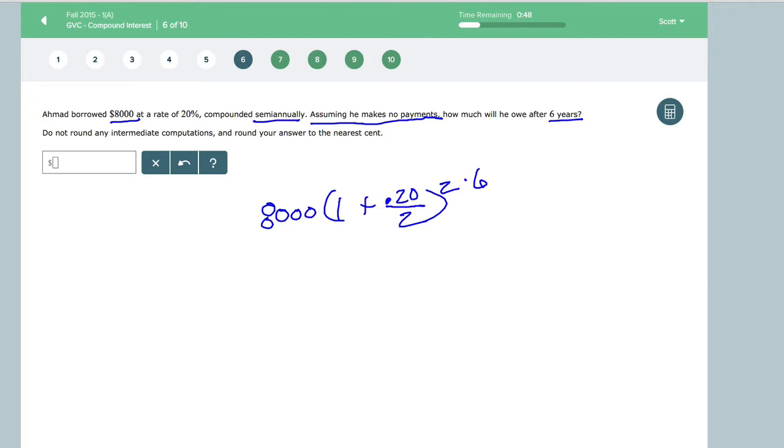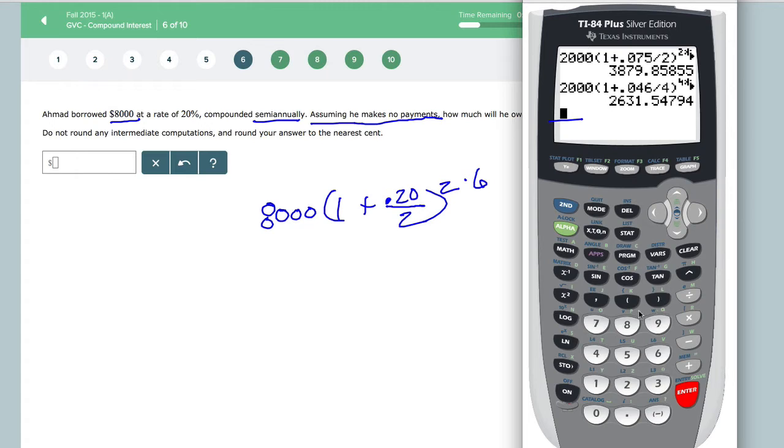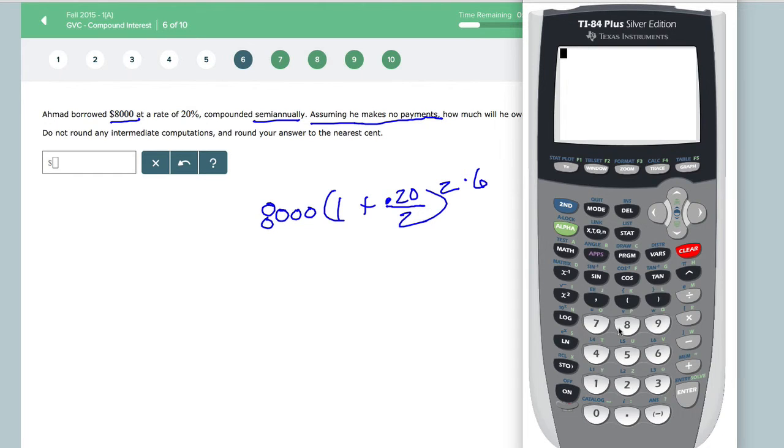And we have our equation set up. And I can bring up the calculator and say, all right, we have 8,000 parentheses 1 plus 0.2 divided by 2 parentheses raised to the 2 times 6 power.